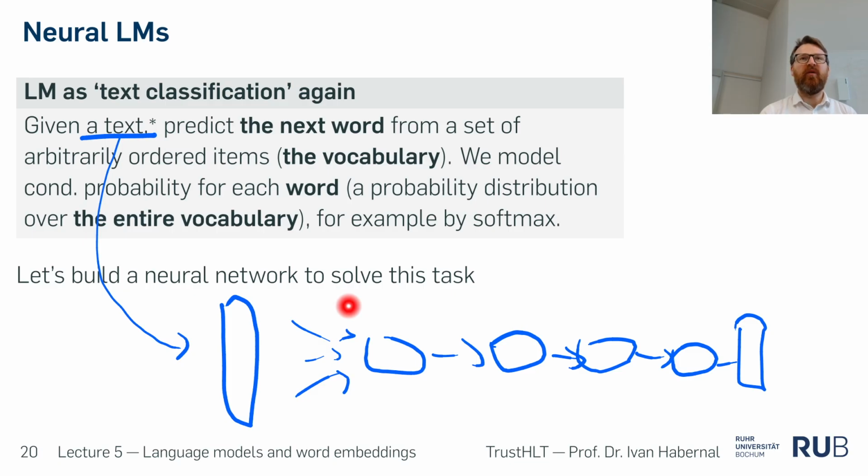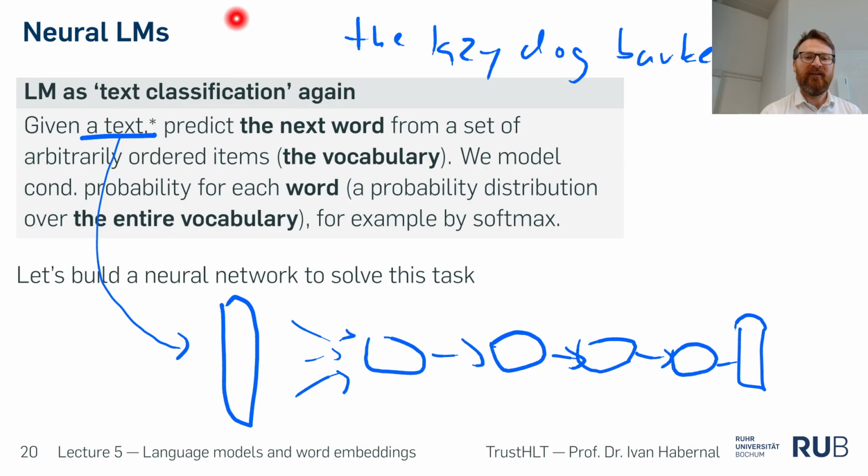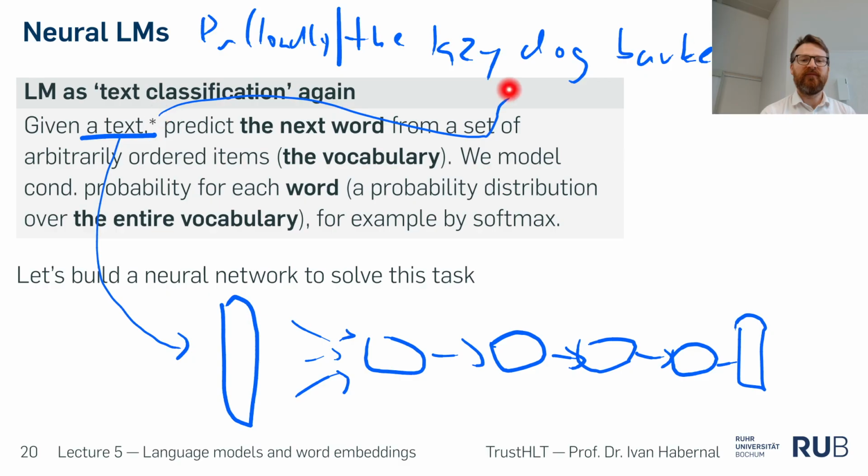Our goal is to predict, given the previous words. How was your sentence again? The lazy dog barked, and we want to find out loudly. Given this. Okay, so this is our input.